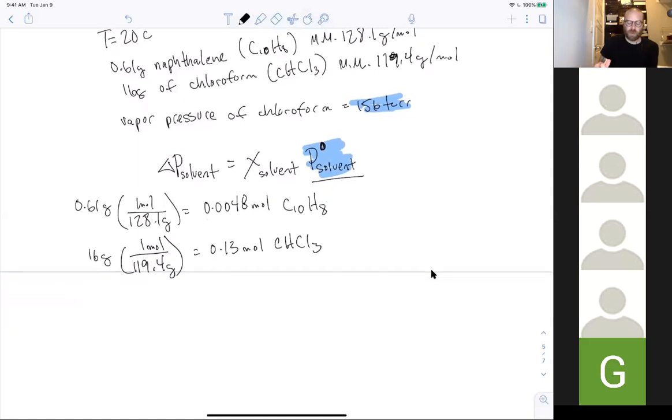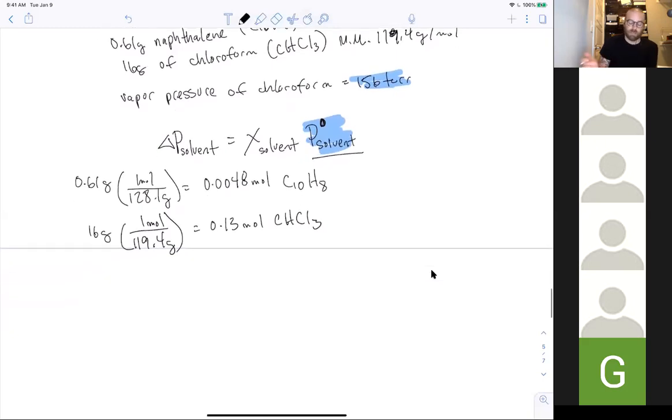And so I just want the mole fraction. So the mole fraction is literally the parts over the sum, similar to how you calculate a percentage or something. So if I want to calculate the mole fraction of chloroform, I just take chloroform and put it in the top.